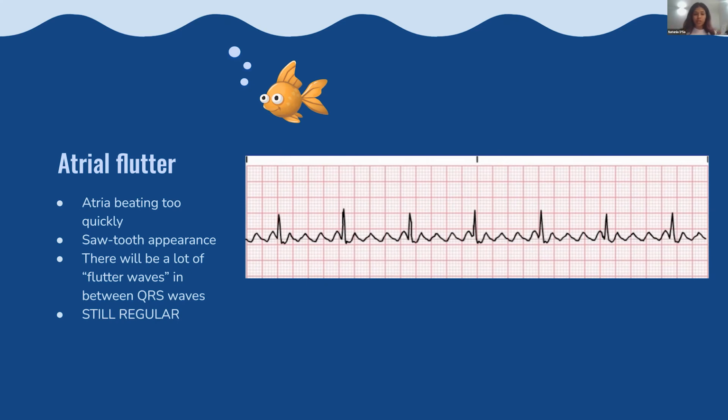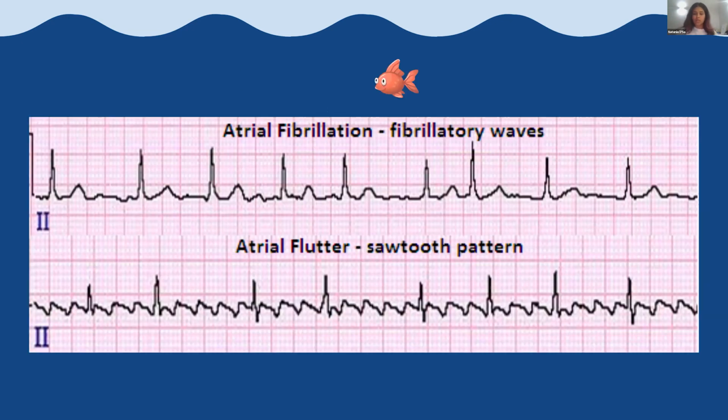Within your QRS waves, you're seeing a lot of flutter waves, because that's your P waves, your atria beating too quickly, and then your QRS wave happens. It's very different in that you're still seeing a regular pattern, that repetition, even though the actual beat itself is irregular. This slide just shows the difference between AFib and atrial flutter. And always remember sawtooth. Do not forget sawtooth.